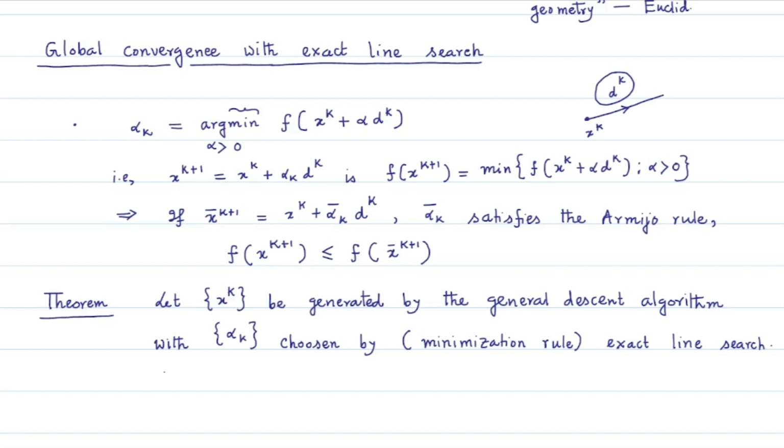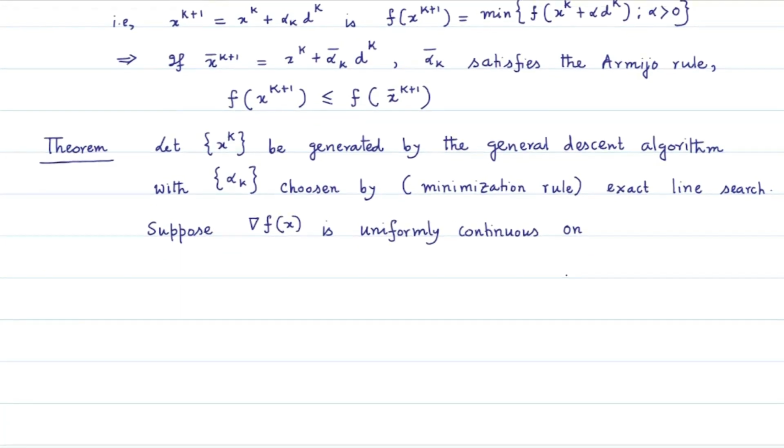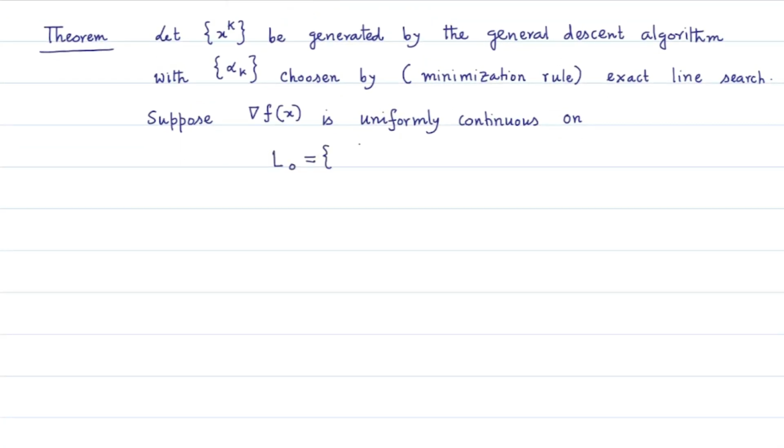Now we suppose the gradient function grad f of x is uniformly continuous on the initial level set L naught, given by the set of all points in Rn for which f of x is less than or equal to f of x naught, where x naught is any arbitrarily chosen initial point from the n-dimensional Euclidean space Rn.